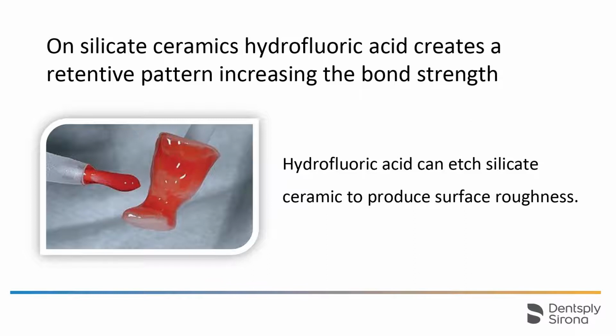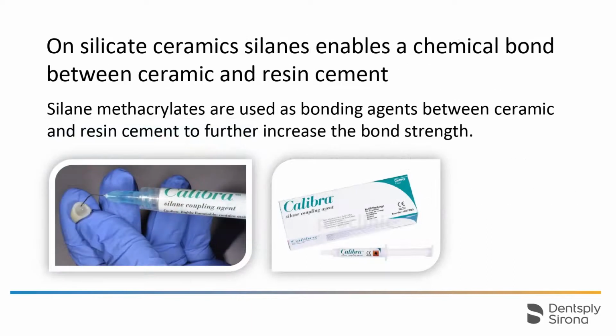Etching produces microscopic roughness on the surface of the ceramic, so that the cement can bond better with the surface. Silanization of the silicate ceramic surface is then recommended. Silanes bond the ceramic surface chemically to the resin cement, enhancing the bond. Dentsply Sirona provides such a silane bonding agent under the brand name Calibra.